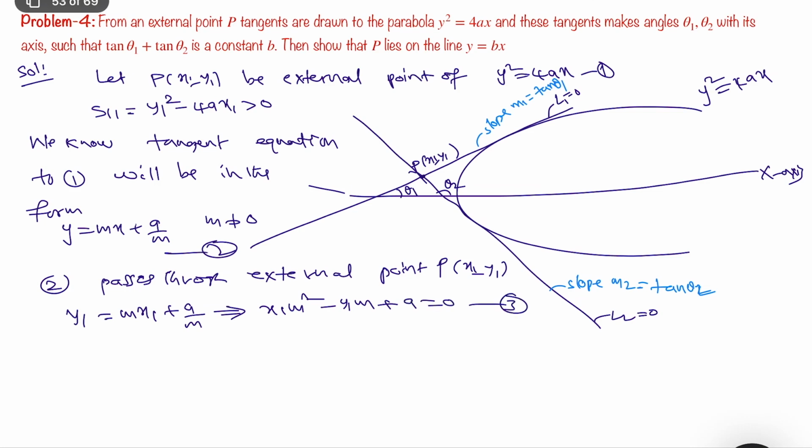Okay, so this is a quadratic equation in m. As you can see, this equation 3 is a quadratic equation in m. Here x1, y1, a are constants that are known. If you think of this x1 as A, this y1 as B, and this a as C, then this looks like Am square plus Bm plus C, which is a quadratic equation in m.